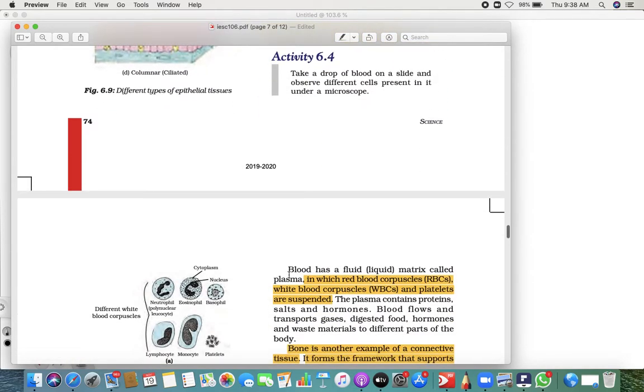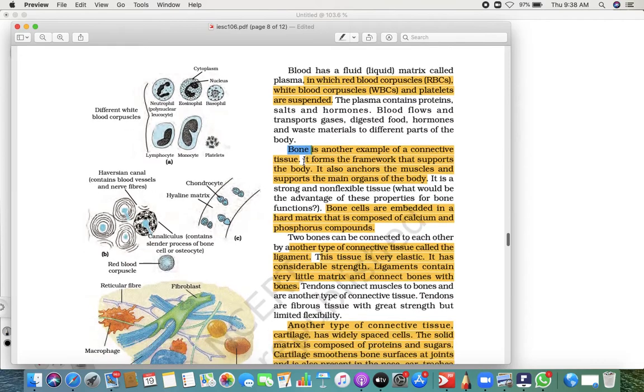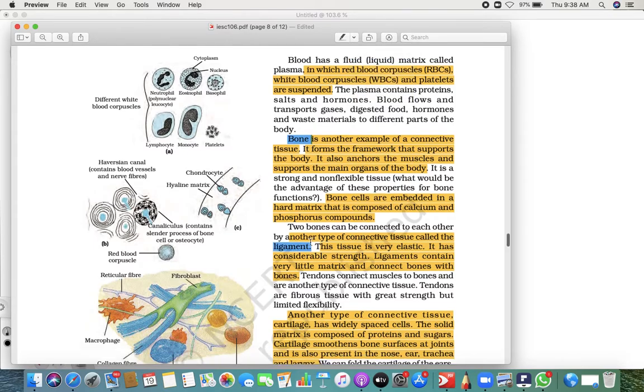The second thing is bone. The second tissue we are going to talk about is bone. Third is ligament, another type of tissue we are going to talk about.